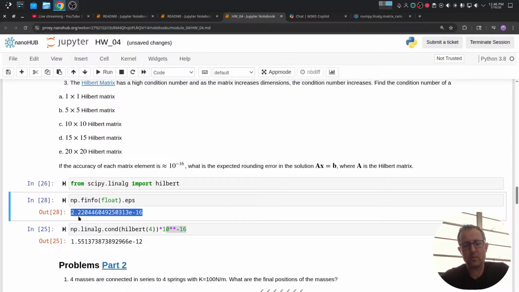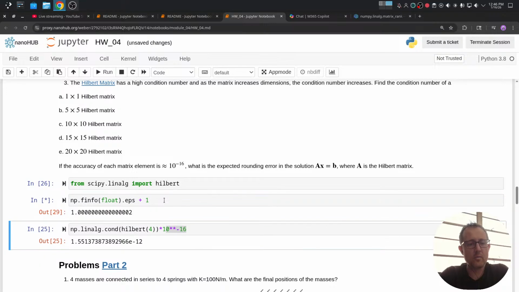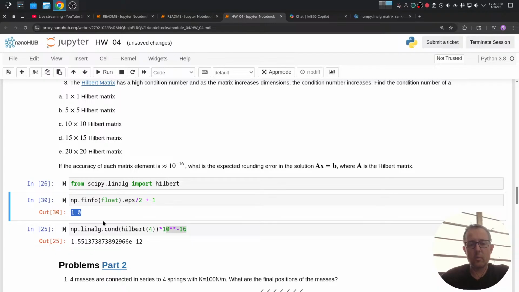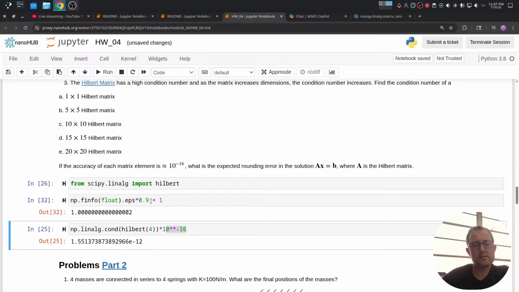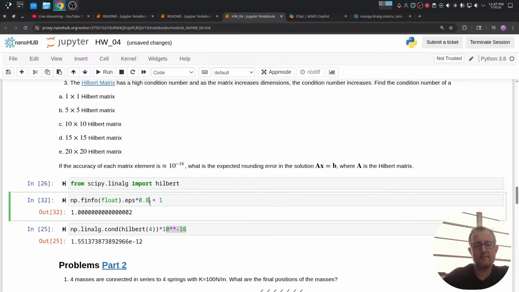If it's like 1 times 10 to the negative 16, like in this case, we can't do anything with it, because if I say plus 1, I do get a number here, but if I divide it by 2, I still get a 1. There's no difference, or even 0.99 times that.